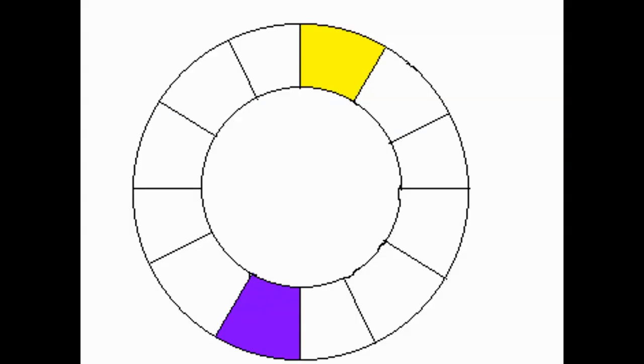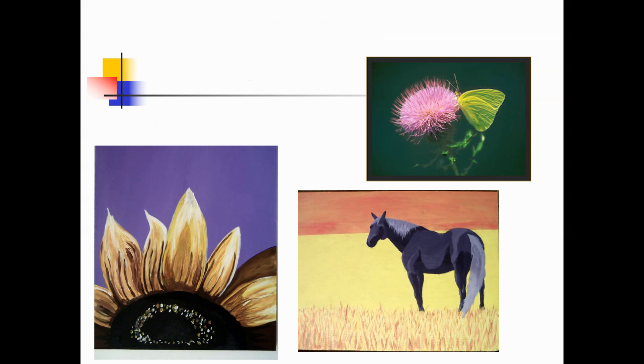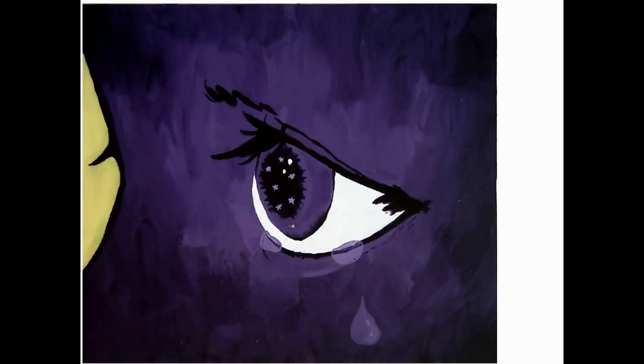Purple and yellow. Now we'll look at something called a split complementary color scheme. This is when you select three colors, one of them opposite the other two.